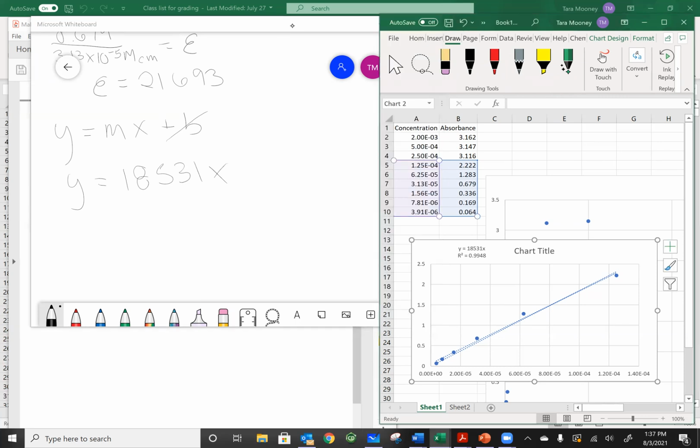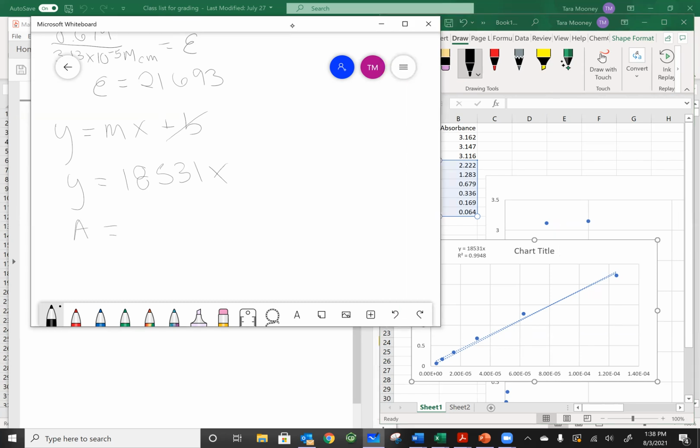So on our chart, our y-axis is absorbance and our x-axis is concentration. So what that means is A equals 18531 times concentration.